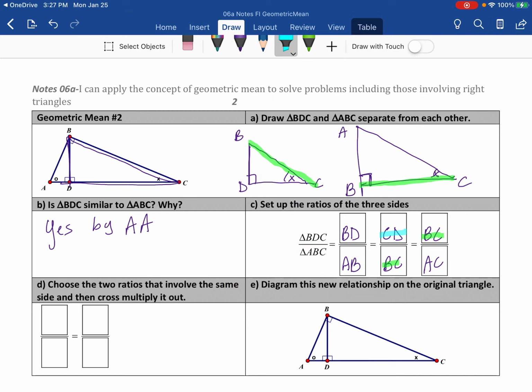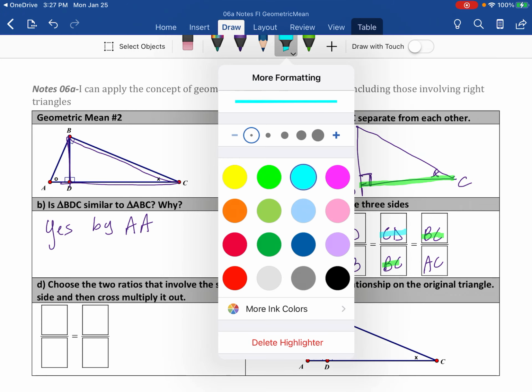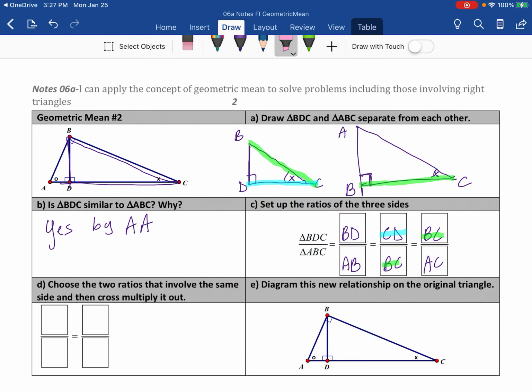So we have CD, and my other side, just in another color, is AC. So if you look at this, this is just a simple proportion. It is hypotenuse over leg equals hypotenuse over leg. So if you don't memorize these ideas, you can just look at that relation of hypotenuse over leg, hypotenuse over leg. So this is CD, BC, BC, and AC.